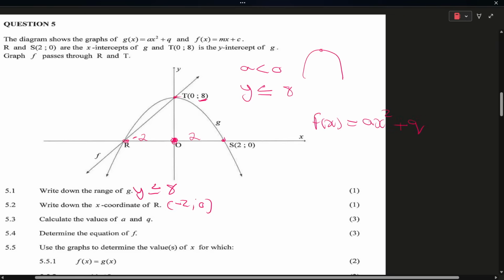Can you please try this, class? I'll give you 2 minutes. Try this for 2 minutes, class. I want to see how you understand this question.